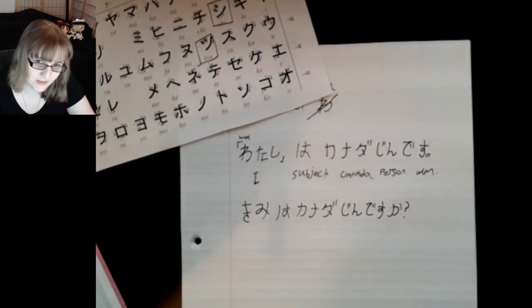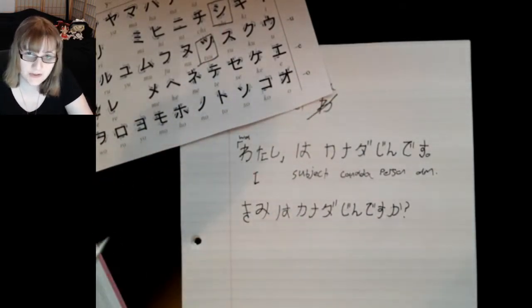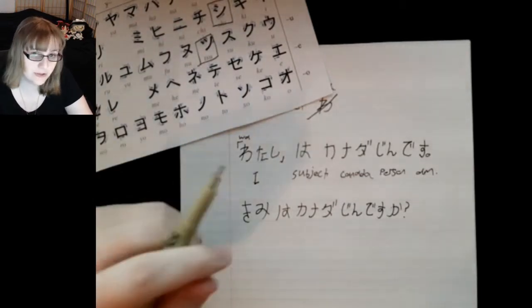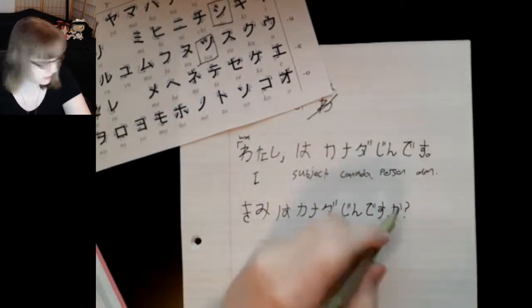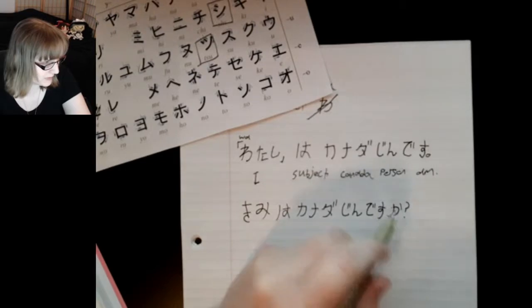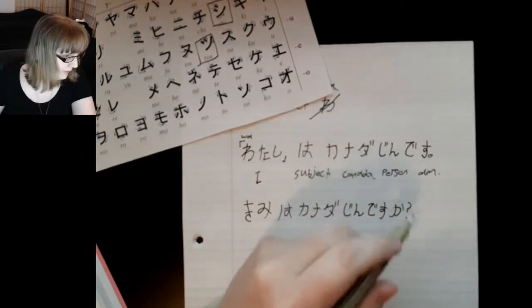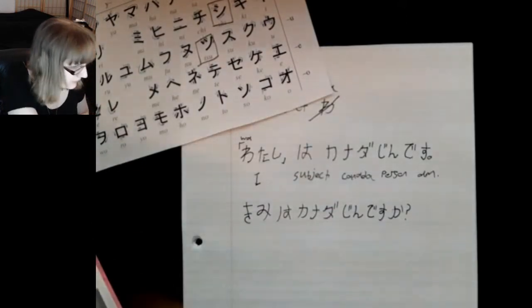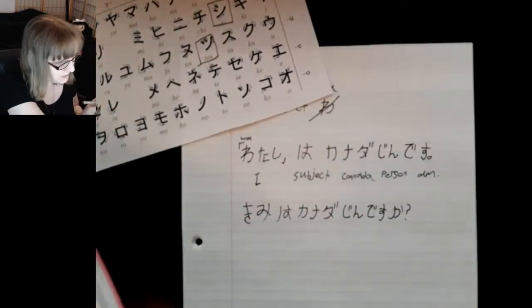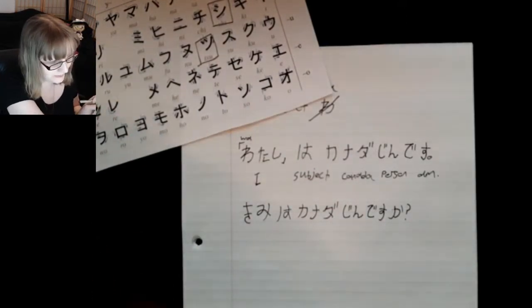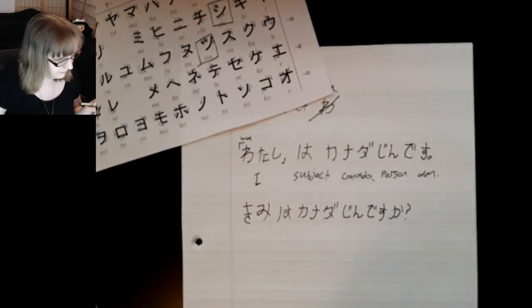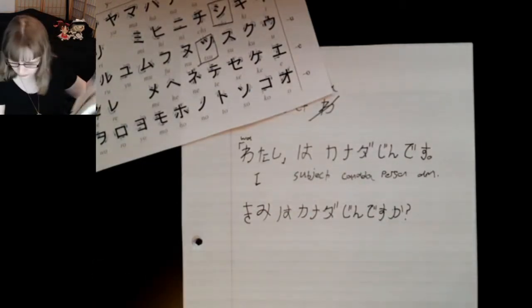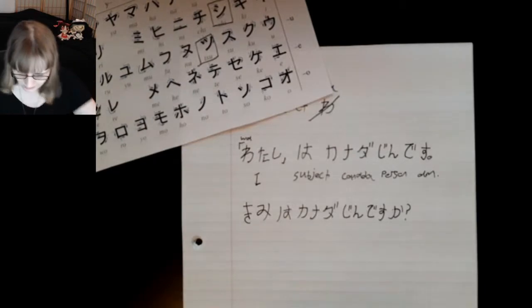Now, Japanese say ka at the end of their sentences in order to denote a question. So the question mark's kind of redundant here, but I'm just showing you for something a little more colloquial. It's something you'd see more in online chat than anything formal.